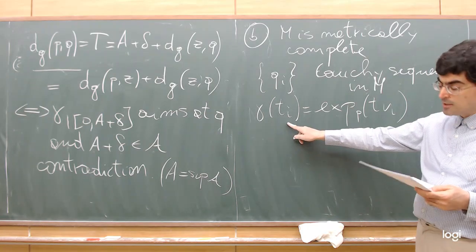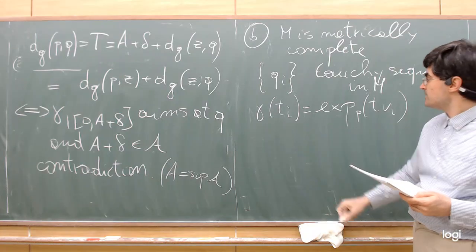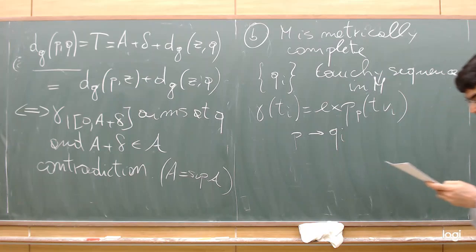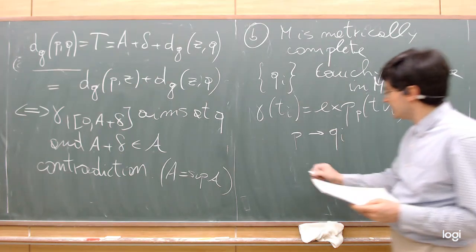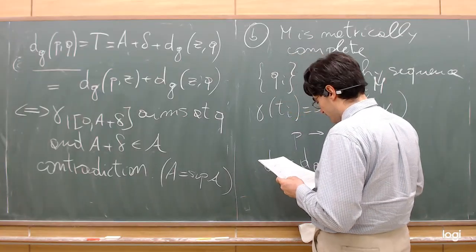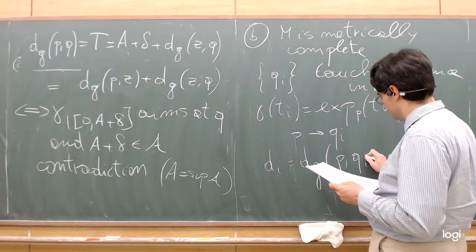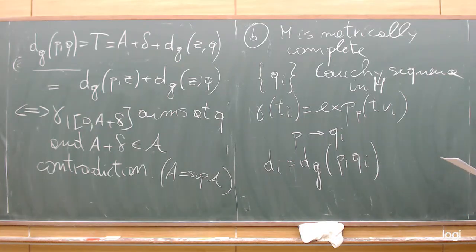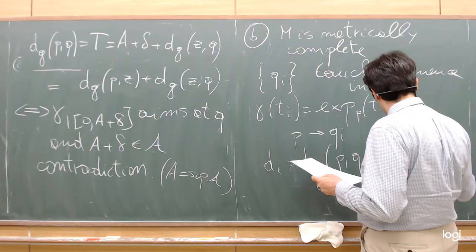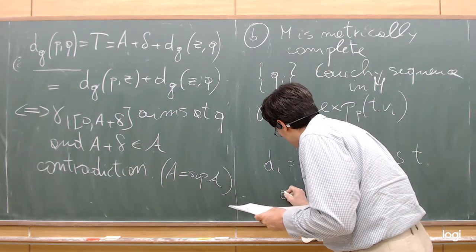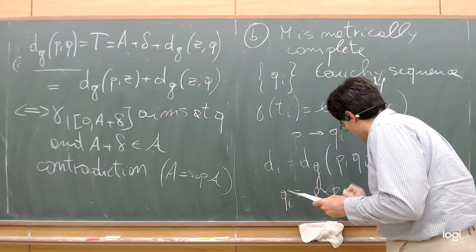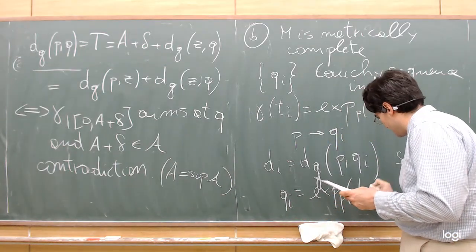So this is a unit speed minimizing geodesic from P to q_i. We define d_i to be the distance from P to q_i, so that q_i is the exponential map acting on d_i v_i.